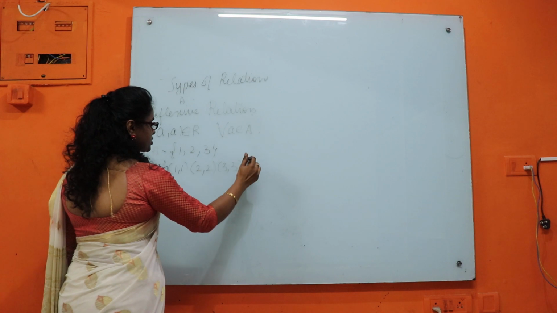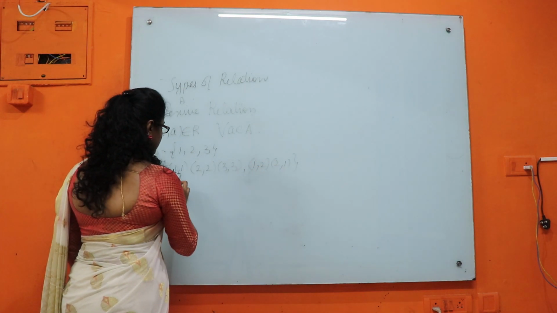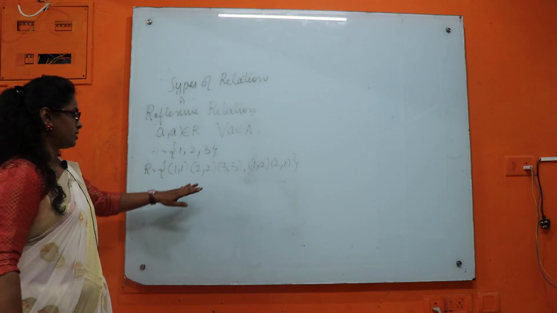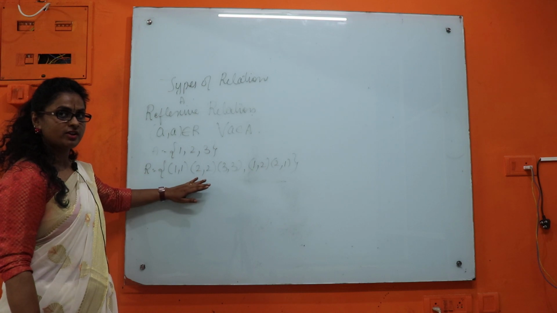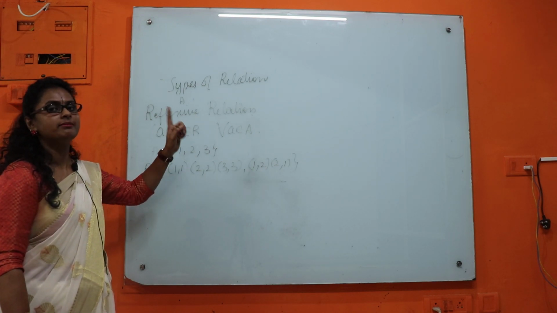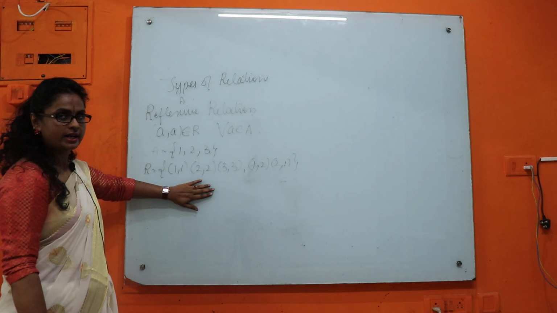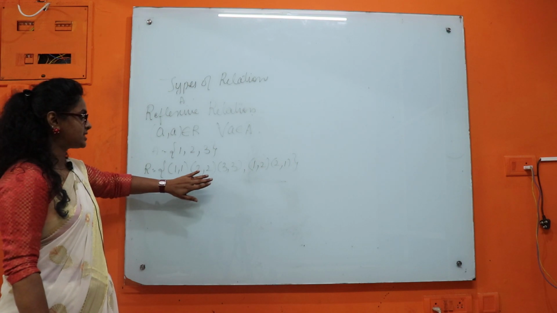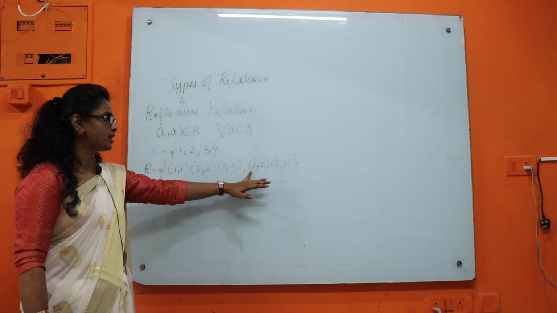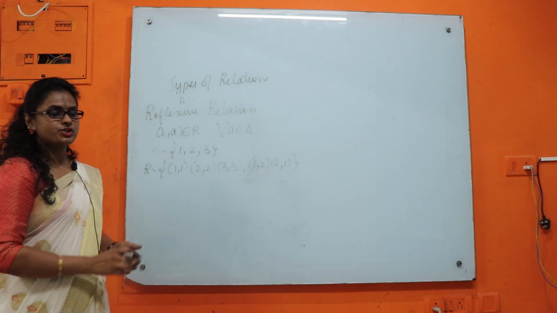If I have an extension, say (1,2), (2,1), this is a reflexive relation but not an identity relation. An identity can be a reflexive, but in this case, (1,1), (2,2), (3,3), (1,2) and (2,1) is a reflexive relation.